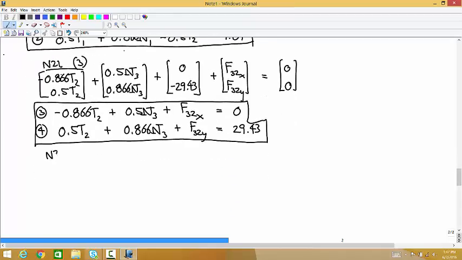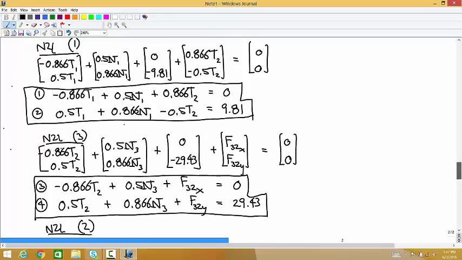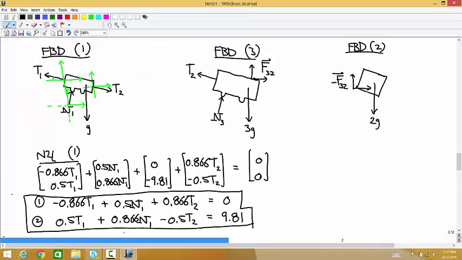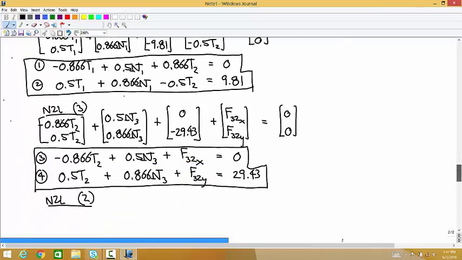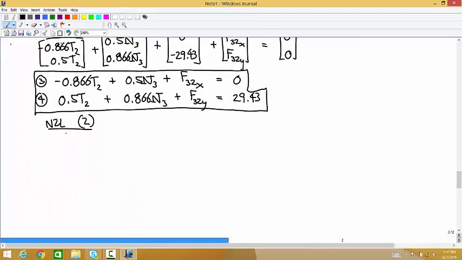And then Newton's second law for the 2 kilogram body. That's just the weight and negative F32. So we have 0, negative 19.62 plus negative F32X, negative F32Y is equal to 0.